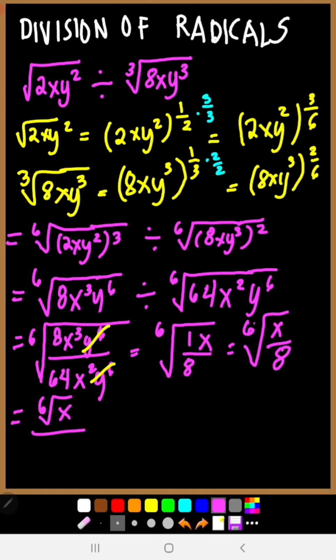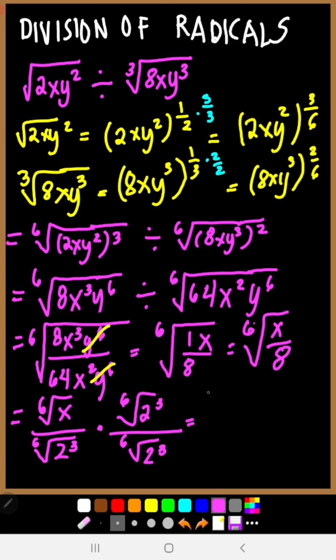Okay? Naalala niyo yung kanina, yung 6th root of 8, naging 6th root of 2 cubed. Ayan. Multiply natin sa 6th root of 2 cubed over 6th root of 2 cubed.